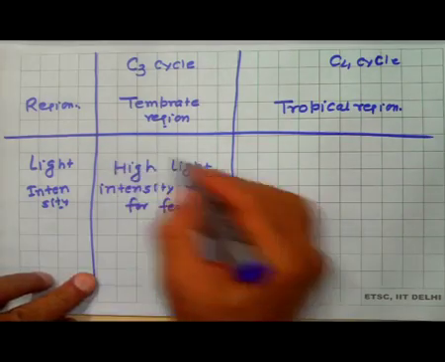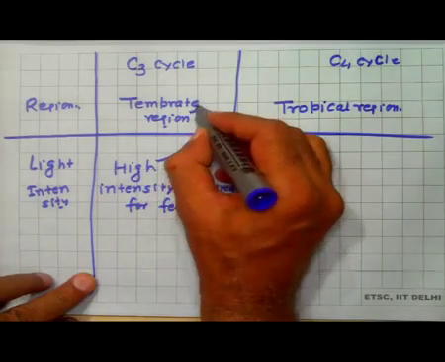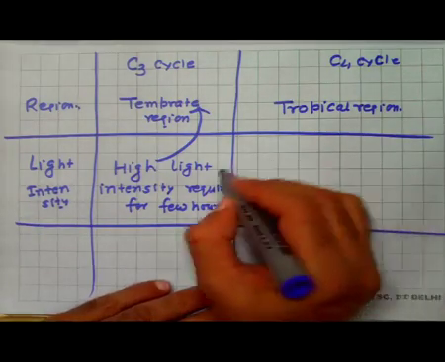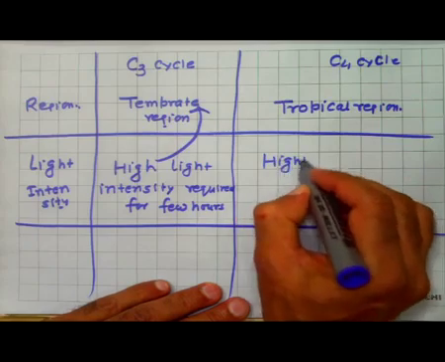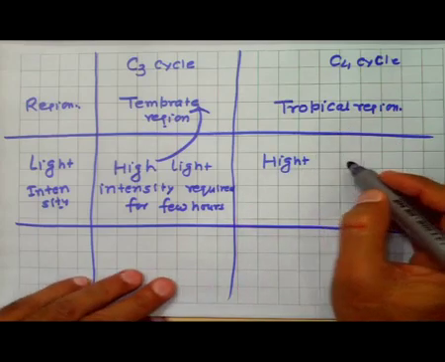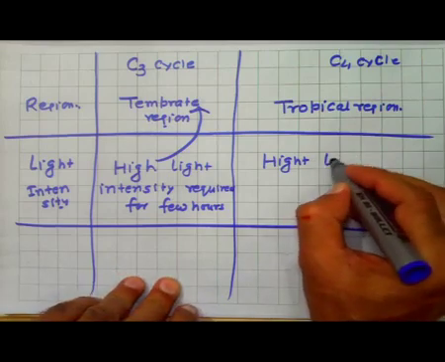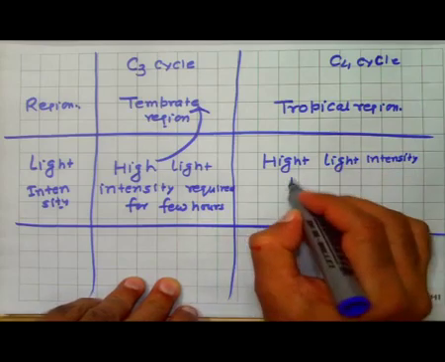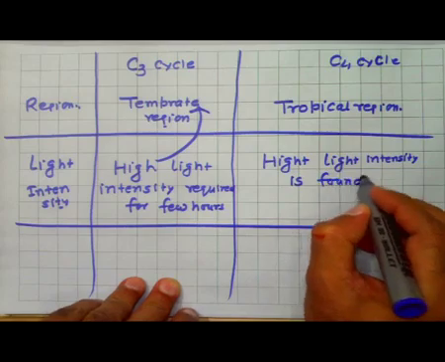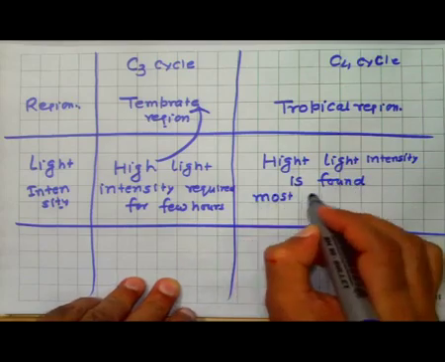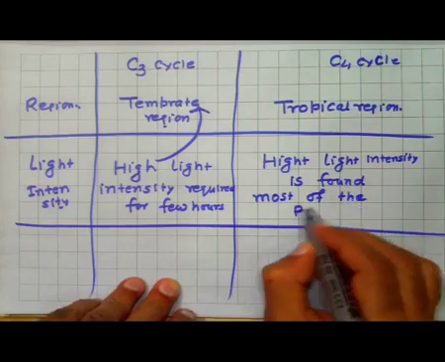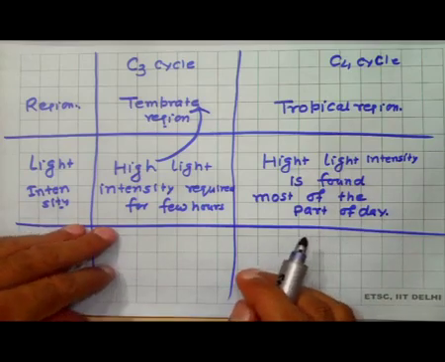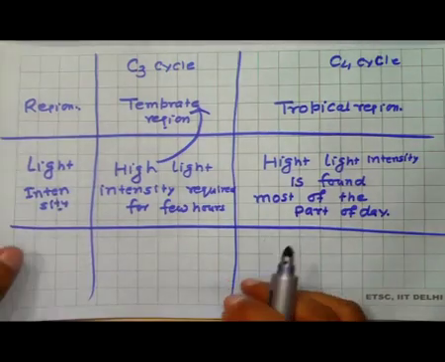So, this type of light intensity is present in temperate region, but in tropical region, high light intensity is found most of the part of the day. So, these are the differences between C3 and C4 cycle.